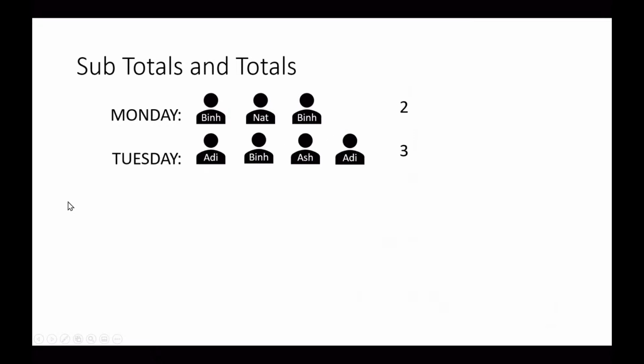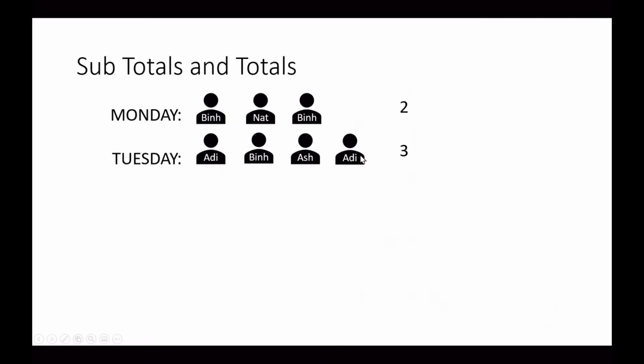So imagine that you have a shop and you want to keep track of the distinct number of customers that visit your shop. And on Monday, we have Bin, Nat, and Bin come into your store. So the number of distinct customers here are actually 2 because Bin came in twice. On Tuesday, we saw Adi, Bin again, Ash, and Adi.